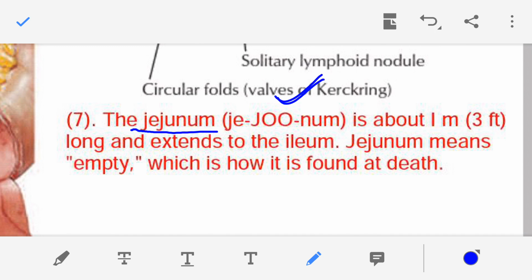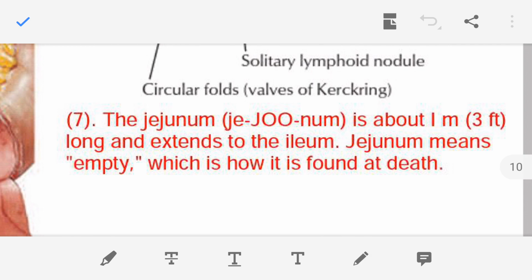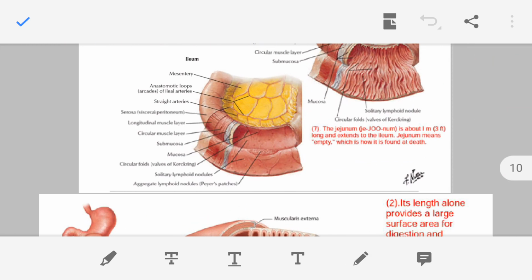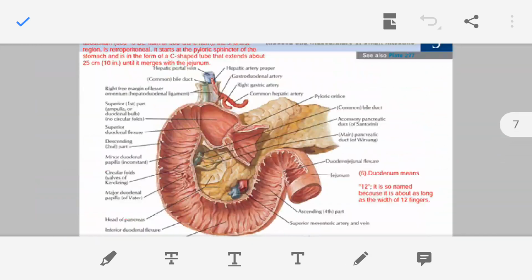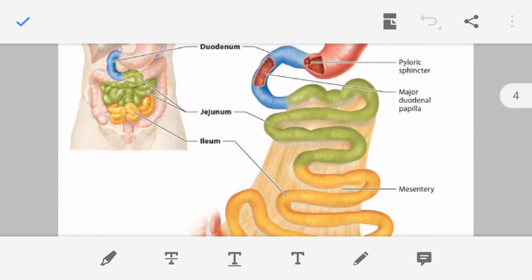The length of the jejunum is 3 feet, that is 1 meter, and it extends to the ileum. So the jejunum merges with the ileum. I will show you in the figure.